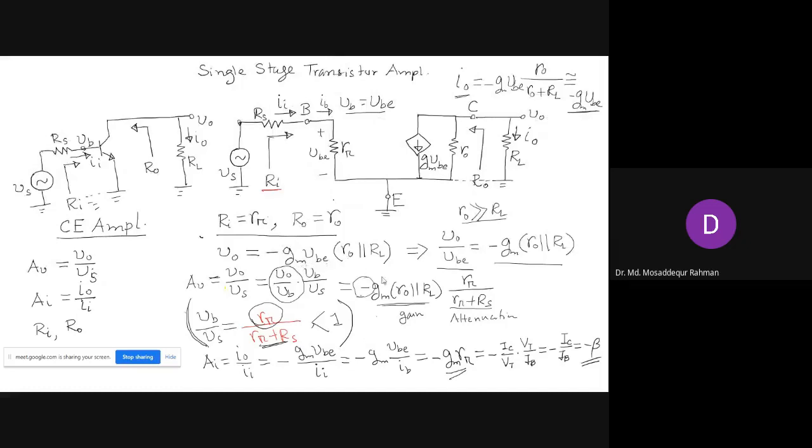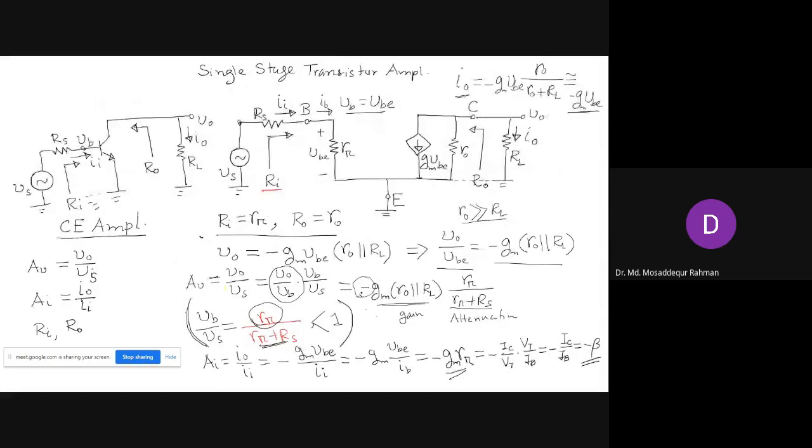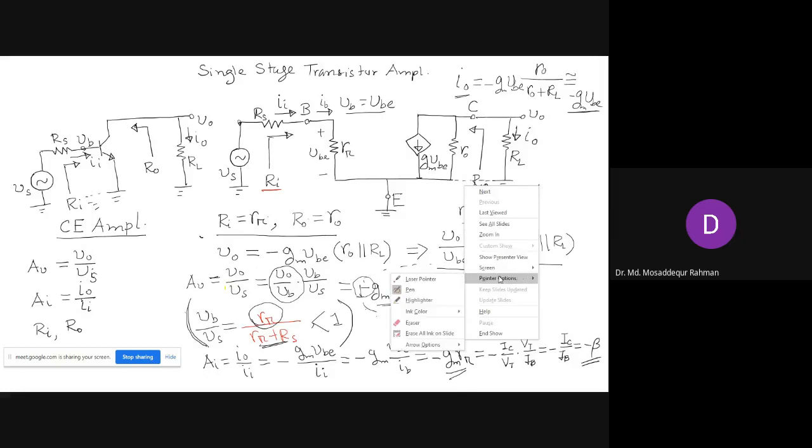So the overall gain was expressed like this. That was our overall gain, right? So what do we see here?